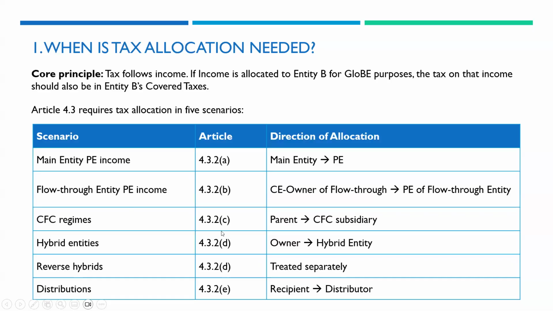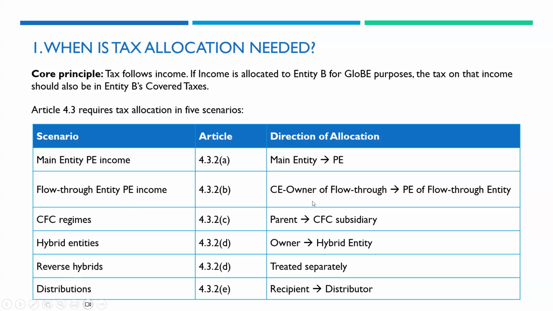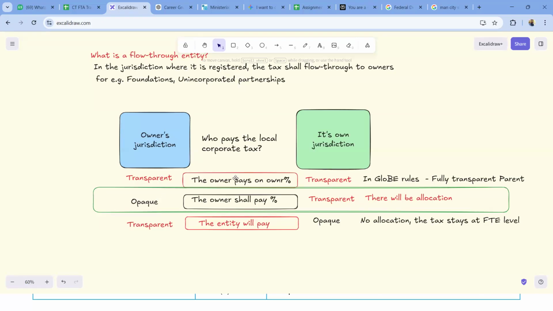But if there is passive income, you have to apply a cap under passive income limitations. For a flow-through entity, you have to see if it is a hybrid entity. Hybrid meaning what? It's opaque in one jurisdiction, transparent in another. That's called hybrid. If it's fully transparent, then no need to do anything. If it's a hybrid entity, push it down, matching where the income and taxes are. If it's a reverse hybrid, no need to do anything. Okay.